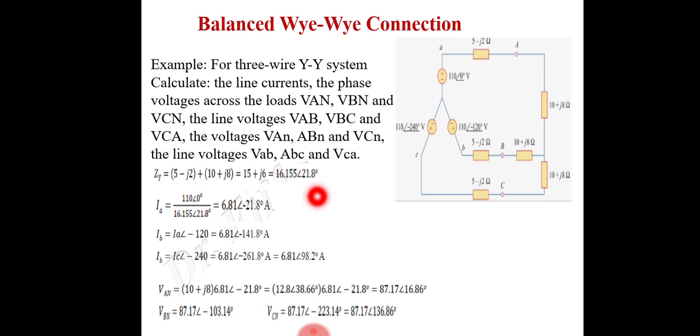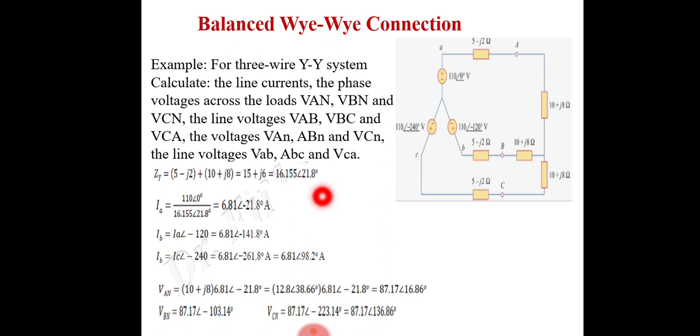Now in the given diagram, we see ZL is given as 5 minus j2 ohm and the load impedance capital ZL is given as 10 plus j8. The source voltages are VA 110 with angle 0 degrees, VB 110 with angle minus 120 degrees and VC 110 with angle minus 240 degrees.